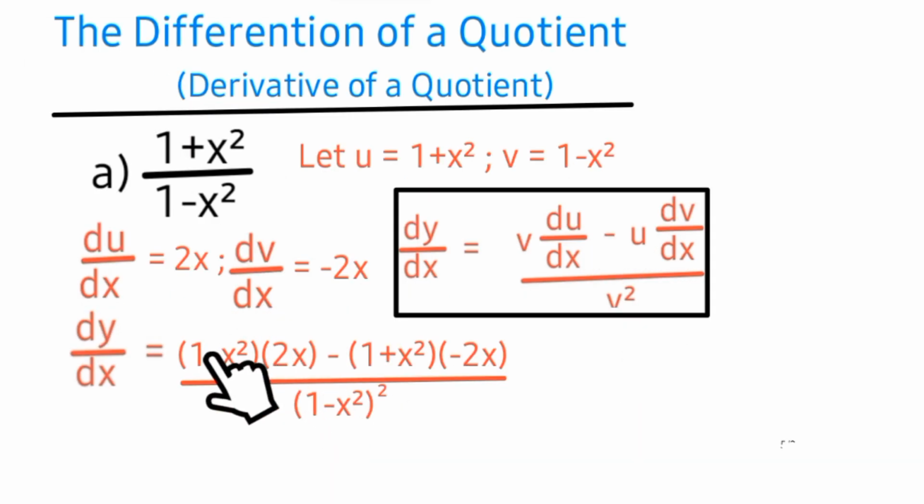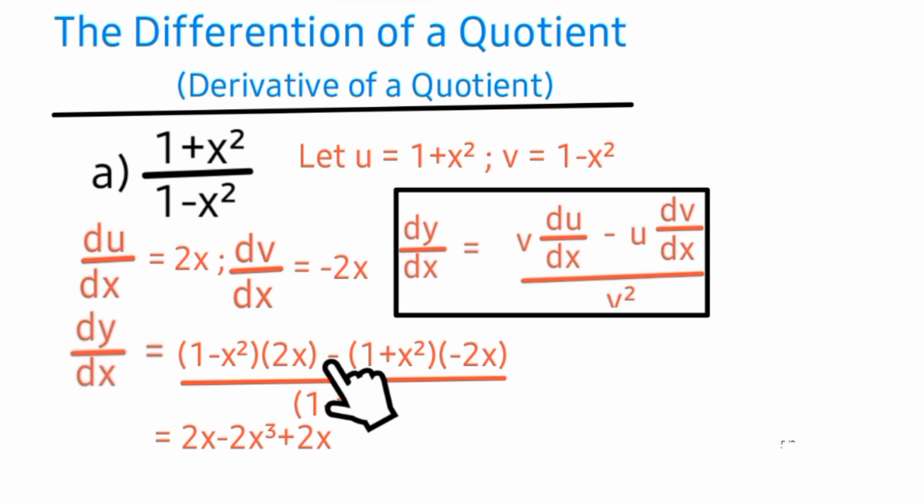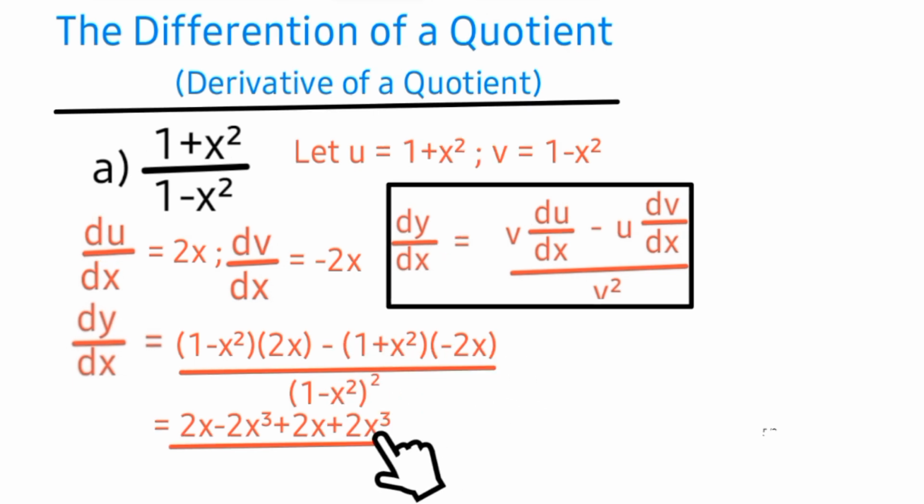2s times 1, 2s times minus s squared, minus 2s times minus 1, minus 2s times minus s squared, and then divide by the denominator. On the numerator we have plus 2s raised to power 3. We also have minus 2s raised to power 3. So plus 2s raised to power 3 minus 2s raised to power 3 gives 0.